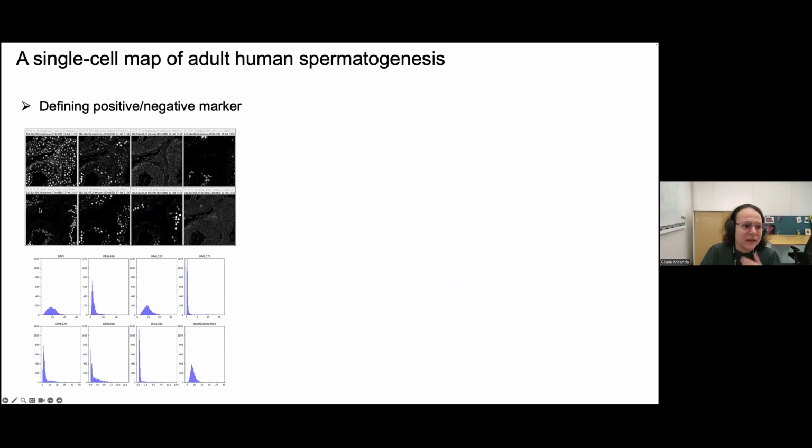One interesting thing here, we can see all the channels that we have. So it's the same image, but different proteins. So we can see the variability. And one of the issues we have, if we follow up with the histograms of each channel, is that the distribution varies quite a lot. So if we take this histogram, for instance, it's really hard to define what is positive or negative.